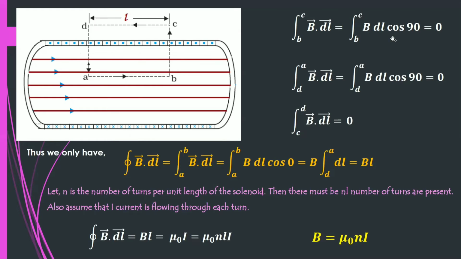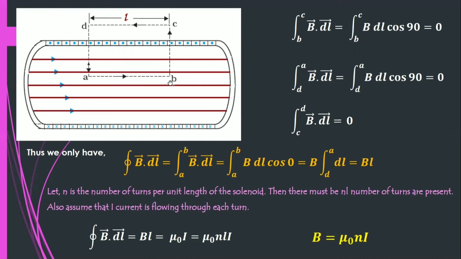B dot dl is B dl cos 90 degrees, which is 0, as cos 90 is 0. Similarly, along D to A, B dot dl, the angle between dl and B is 90 degrees, so again B dl cos 90 is equal to 0. So these two portions vanish.